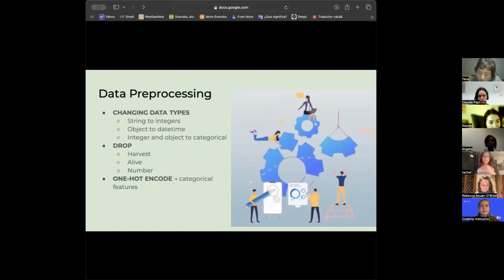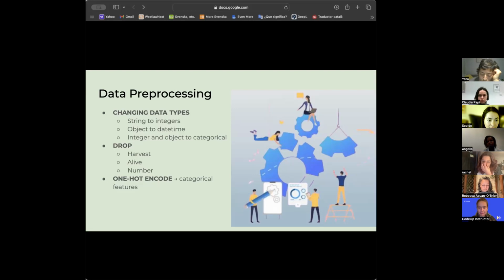So during the data preprocessing, because machine learning requires numerical figures to be further computed to understand, and we had a lot of string variables, like say harvest was filled with X's for a data set that has been harvested and 0 for one that hasn't been harvested. So I had to convert that string to integers, like 1 would mean it has been harvested and 0 has not been harvested.